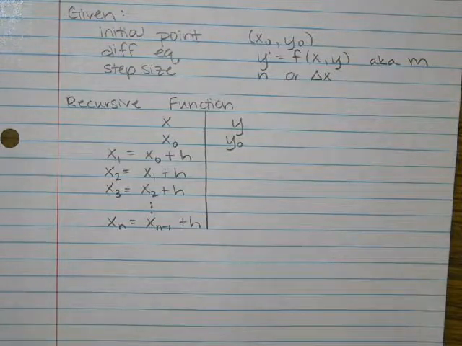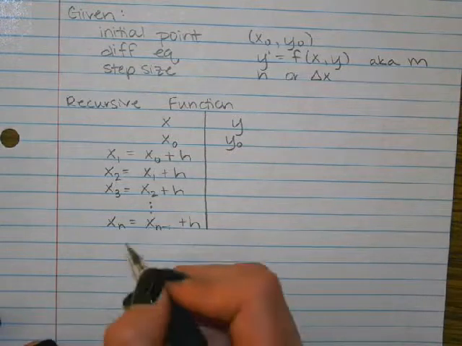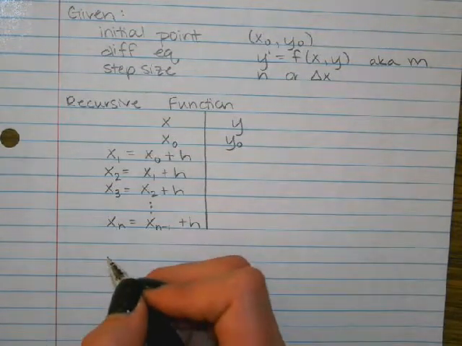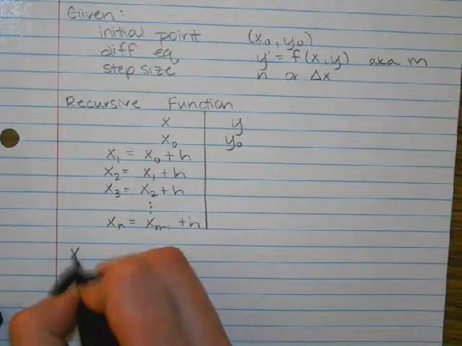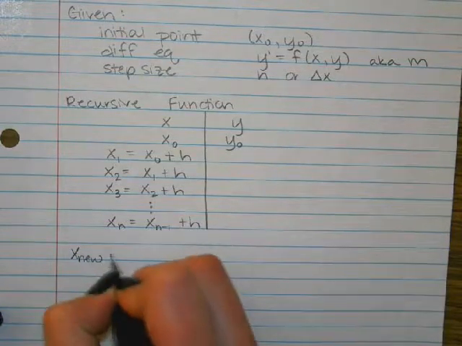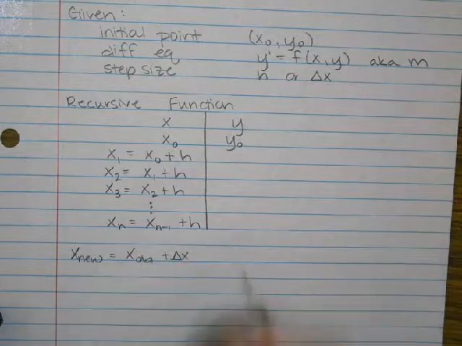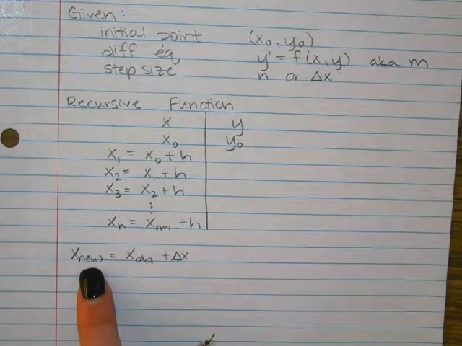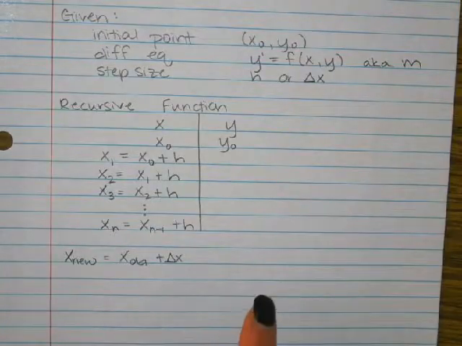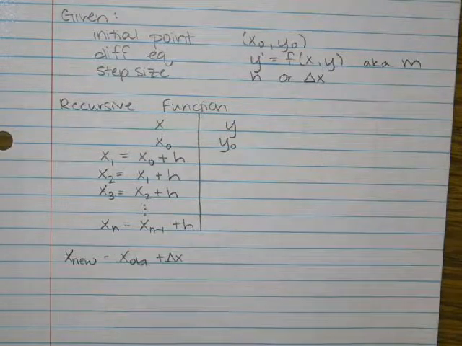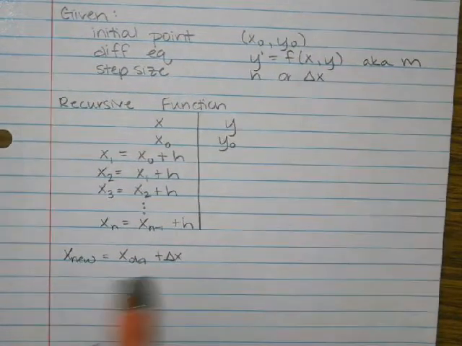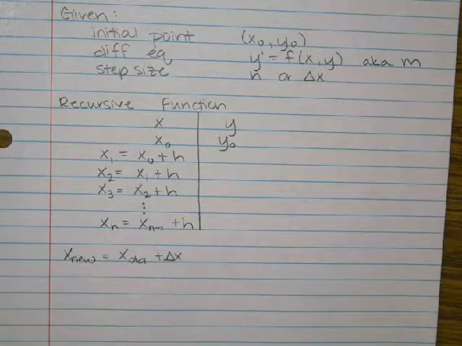That's how you find the y-coordinate, right? Okay. So those are pretty easy. When we write this down to make it make a little bit more sense in our heads, we're going to think of this as our new x value is just going to be our old x value plus the change in x. So x sub new equals x sub old plus delta x.